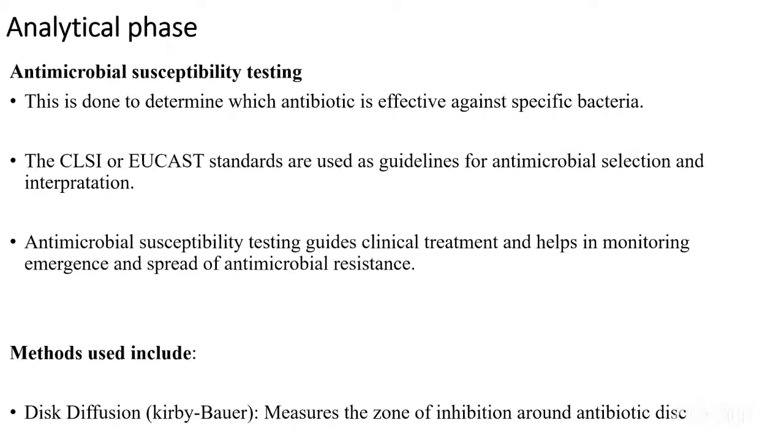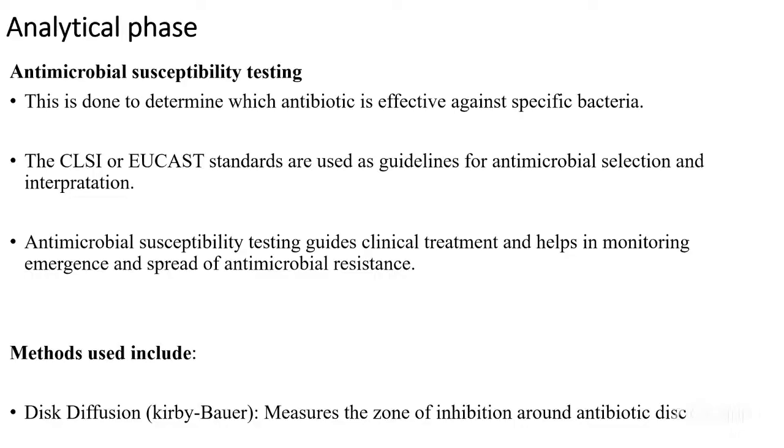So after identifying the organism, we will go to antimicrobial susceptibility testing, which is done to determine which antibiotic is effective against which bacteria. Every class of bacteria, let's say Enterobacteriaceae, those bacteria in there, the E. coli, the Klebsiella, they have specific antibiotics that work for them.